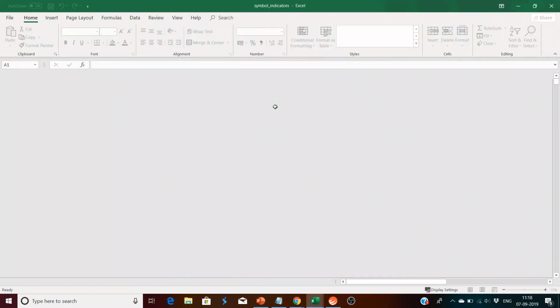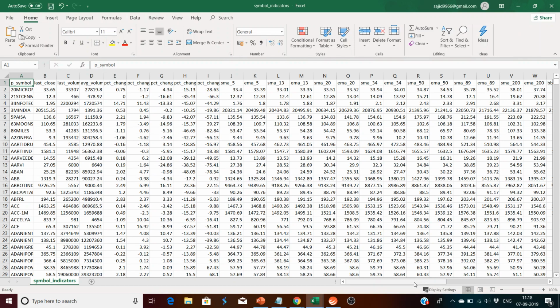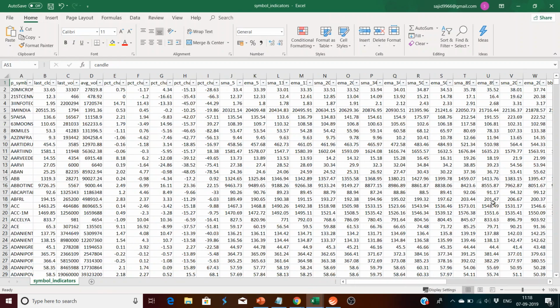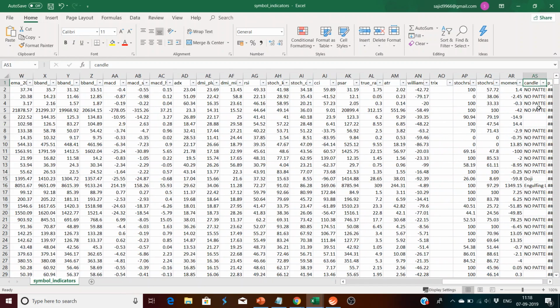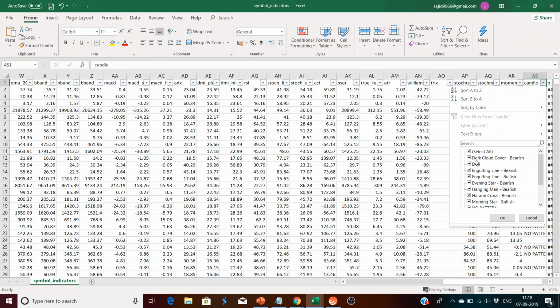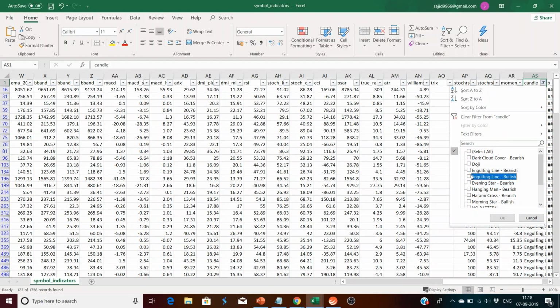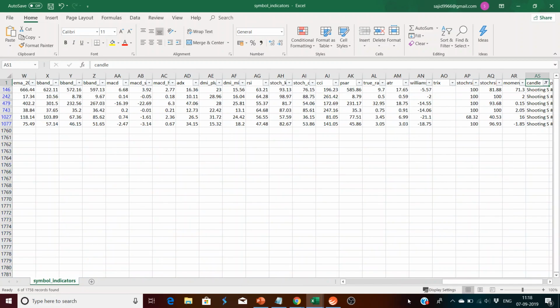You can also do it basis the candlestick pattern, like if somebody just wants to look at candlestick patterns like engulfing line, or shooting star bearish.